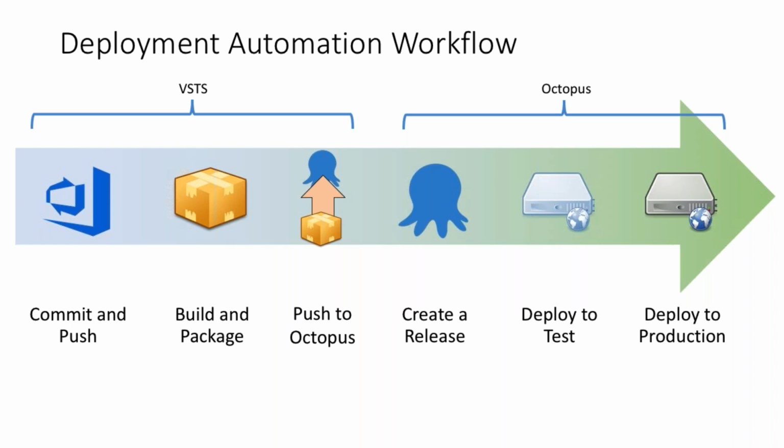But we'll skip that, because what we really want to focus on is the middle of this, the integration between VSTS and Octopus. So that's really just a discussion of where Octopus fits. I might hand over to you, Brian, and we can start on what we need to do and how to get started.